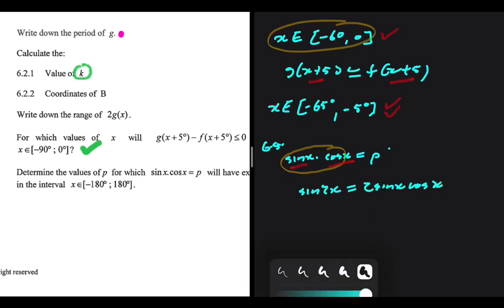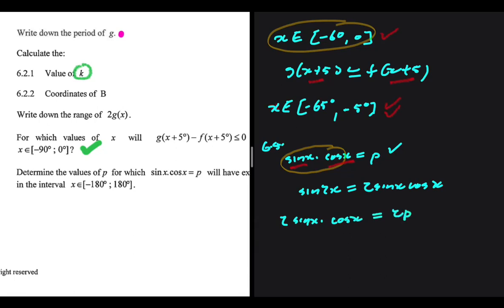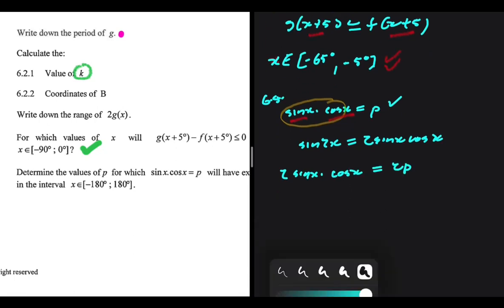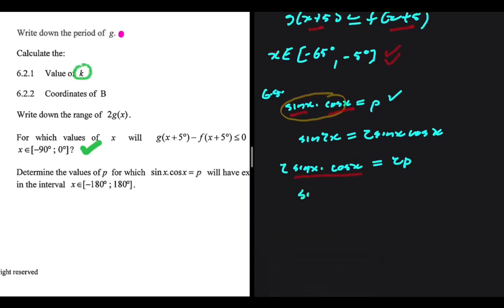So what we can do to this equation, we can say 2 sine of x multiplied by cos of x is equal to 2p. We are multiplying by 2 on both sides. Why are we multiplying by 2? So that we can change this term. Sine of 2x is equal to 2p.